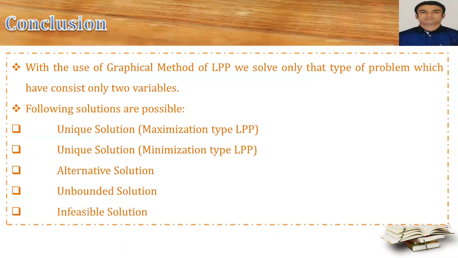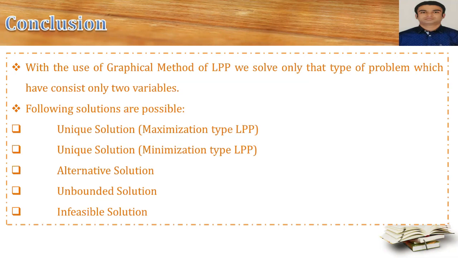So, in today's complete session, we discussed the graphical method of LPP. We solved how to solve an LPP problem with the use of the graphical method. What is the procedure of the graphical method?